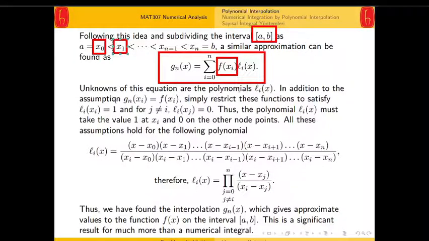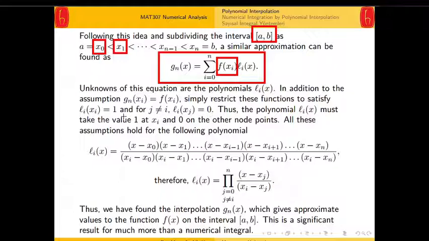In addition to assuming that g_n of x_i is equal to f of x_i, so that the function values of the approximation and the original function match at the node points, we simply restrict this function to satisfy this extra condition. We assume L_i of x_i will be equal to 1, and also for any j not equal to i, L_i of x_j is equal to 0.